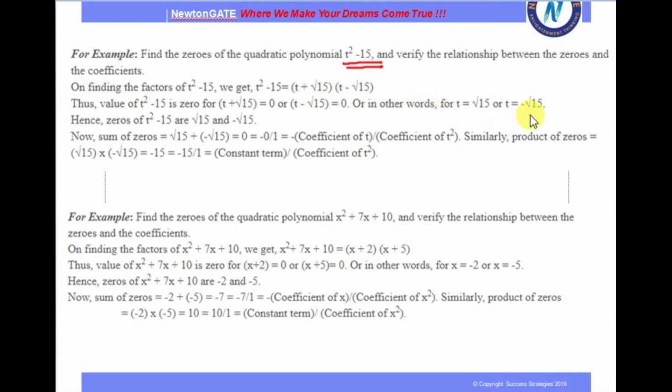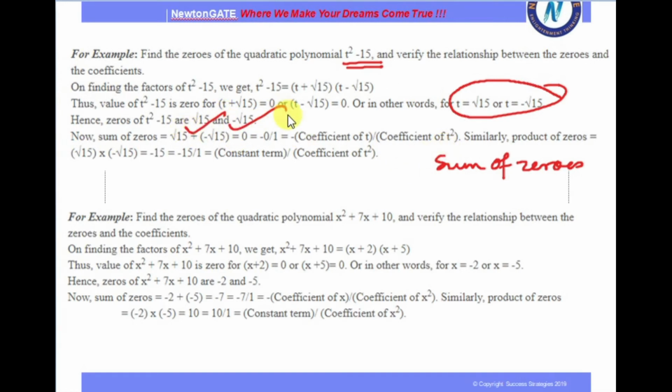So in other words, t equal to root 15 and t equal to minus root 15 are the zeros of the polynomial. Right? Now, sum of zeros is how much? Here I am not applying the formula of coefficients. I am just applying this, that is root 15 minus root 15 equal to 0.